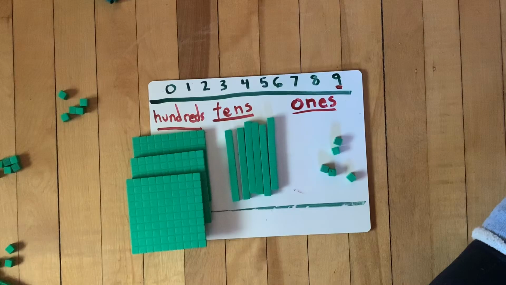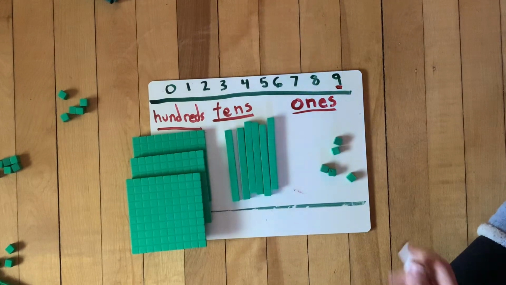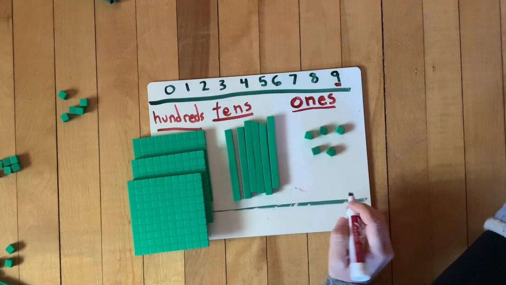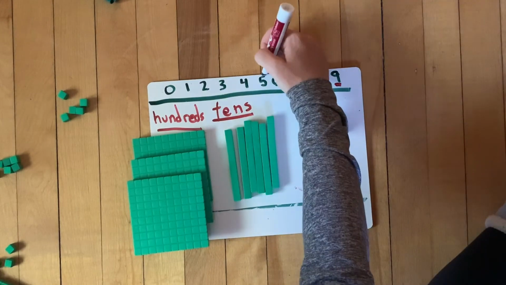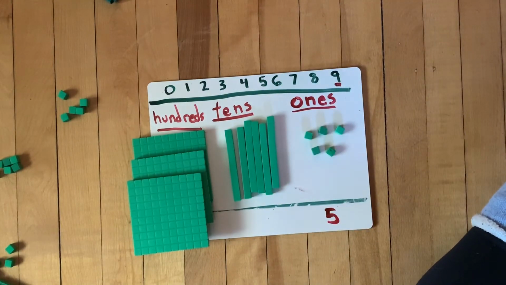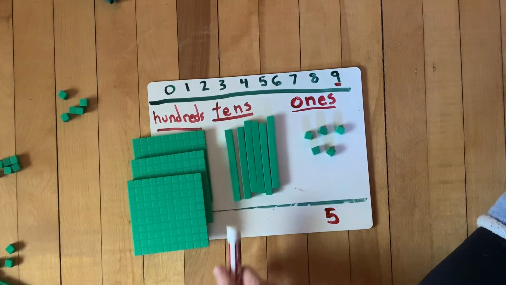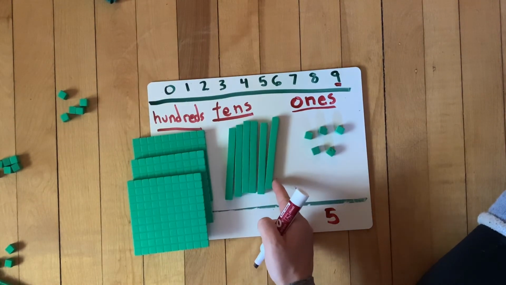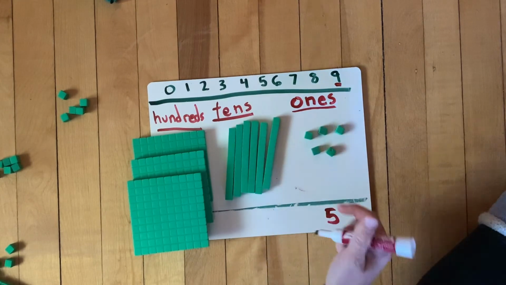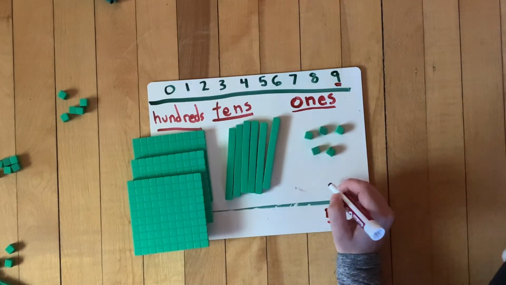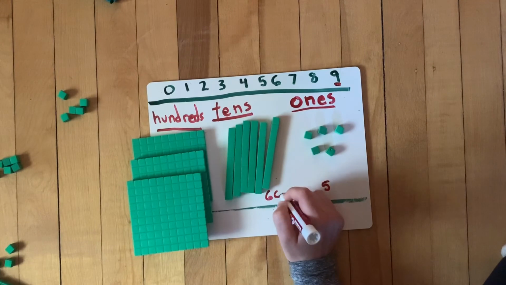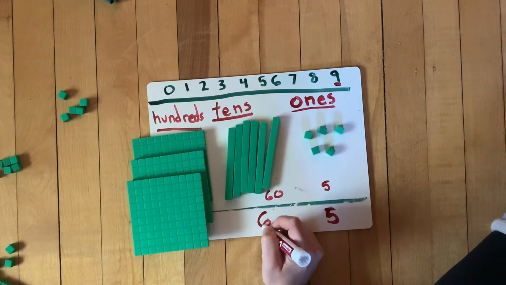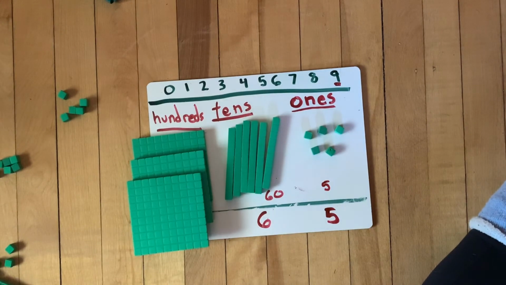Let's try another one. Let's count how many ones. 1, 2, 3, 4, 5. I have 5 single ones. Let's find our tens digit. 10, 20, 30, 40, 50, 60. So now we're seeing 60, but for the number of tens, that's 6 groups of 10.